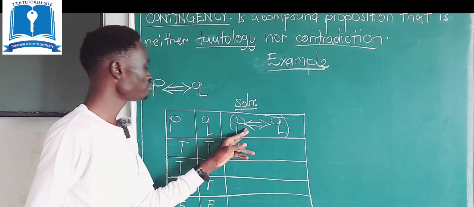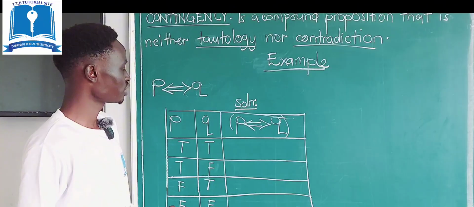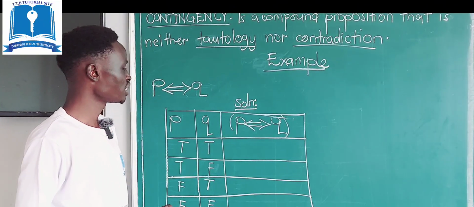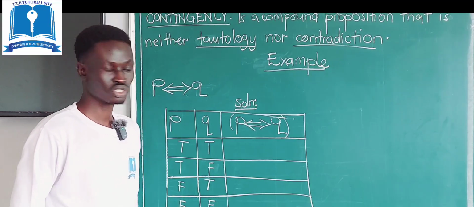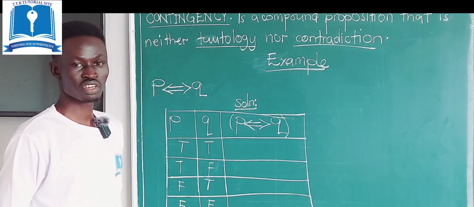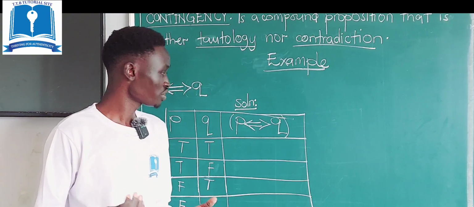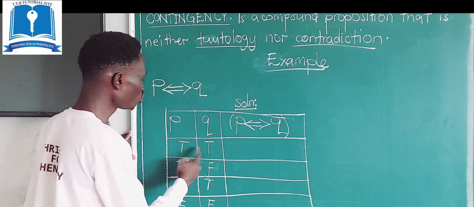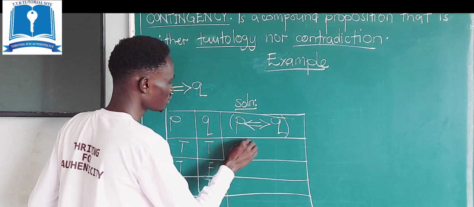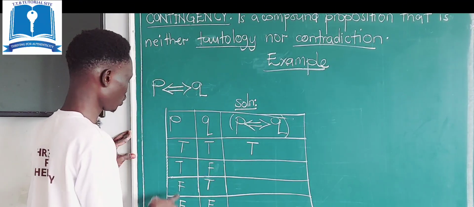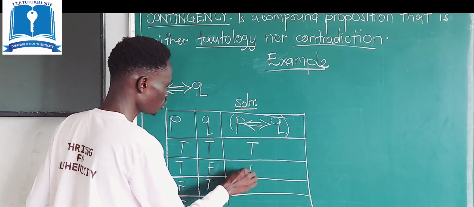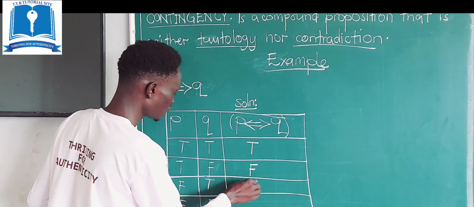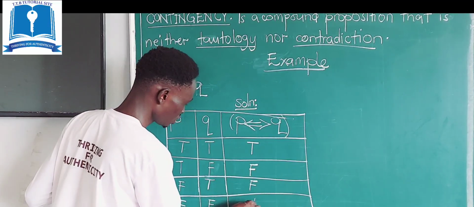So remember, this is biconditional, and it is false when P and Q have different truth values. So now let us see. It is true, true, meaning it will be true. It is true, false, meaning it will be false. It is false, true, meaning it will be false. It is false, false, it will be true.